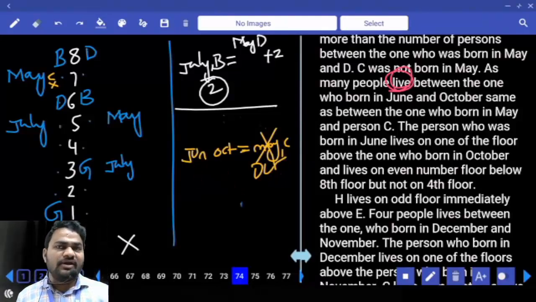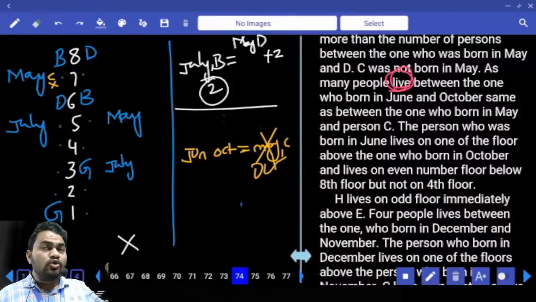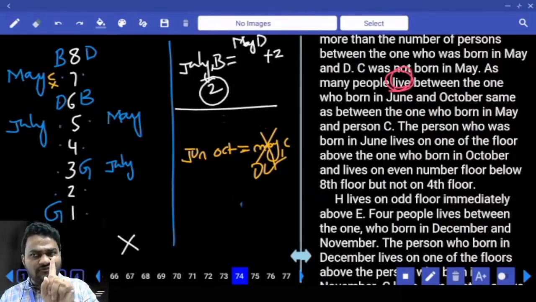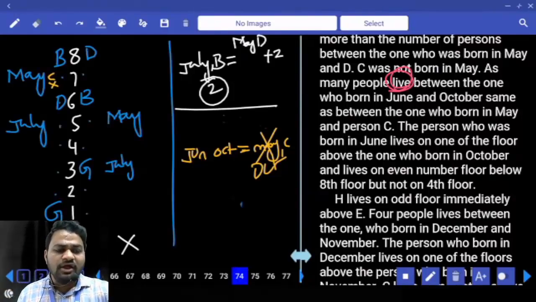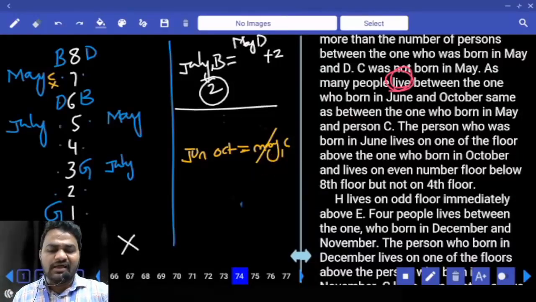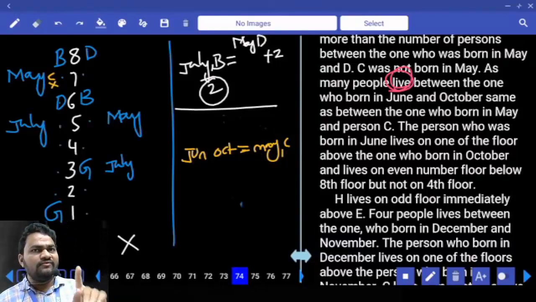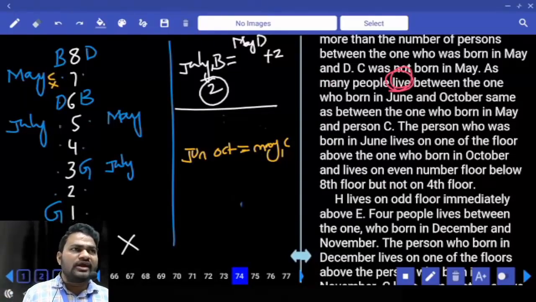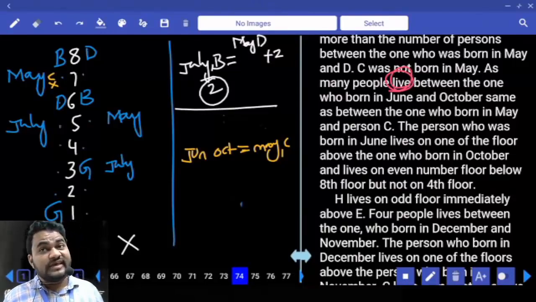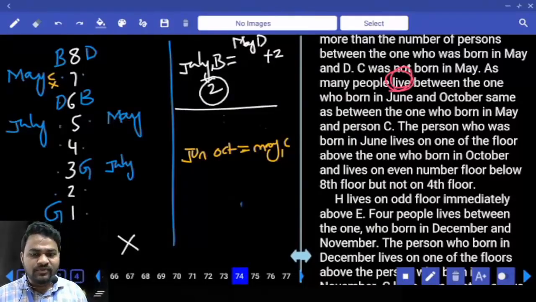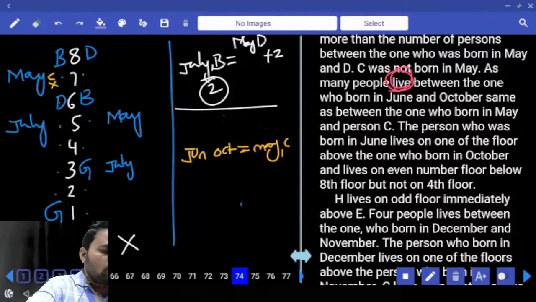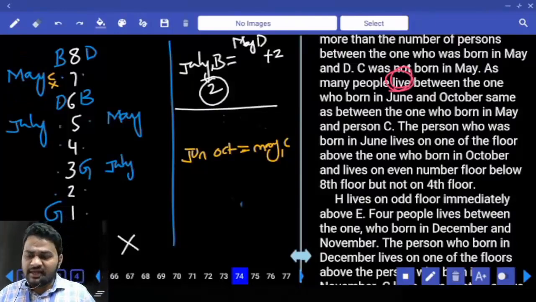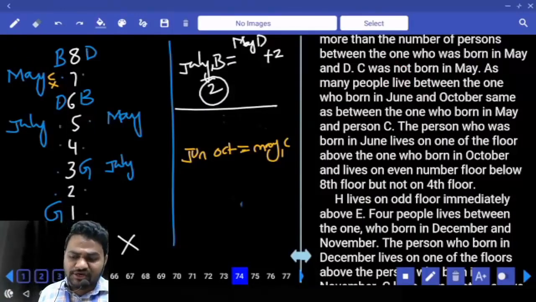To fix 3 elements, if already 2 elements are fixed you can fix the remaining element. That is, you can fix only 1 element every time. So when talking about 4 elements, already 3 elements must be fixed, then you can fix the 4th element. In the same way, for 3 elements, 2 elements must already be fixed, so that you can fix the 3rd element. But in my answer only May has been fixed, remaining June, October, C have not been fixed. So we'll move on to the next condition here.